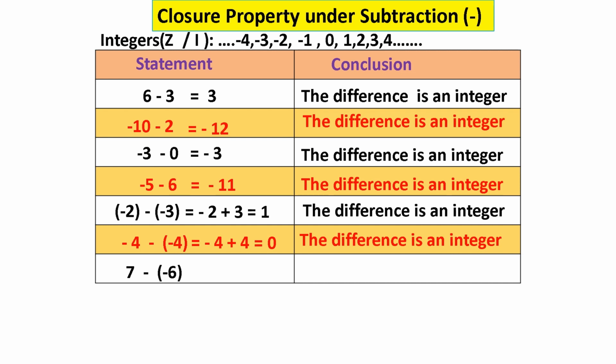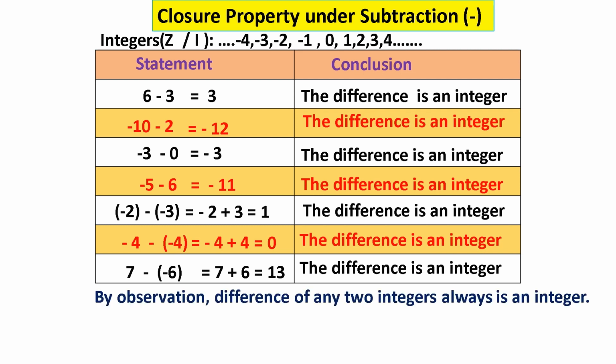Next, one more example. 7 minus (-6). So the difference between 7 and -6, we will get here 7, and minus of minus is a plus. So 7 plus 6, we get 13. So 13 is also an integer. The difference is an integer.